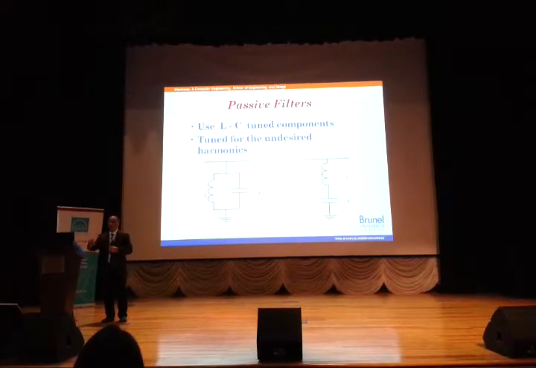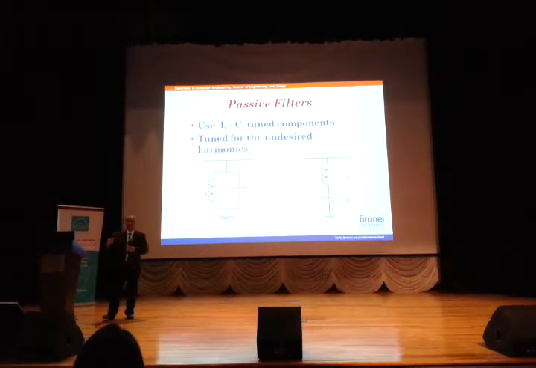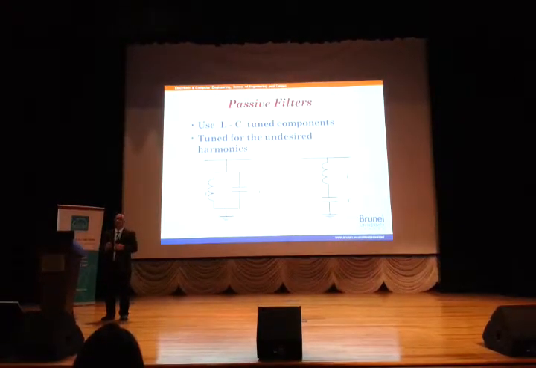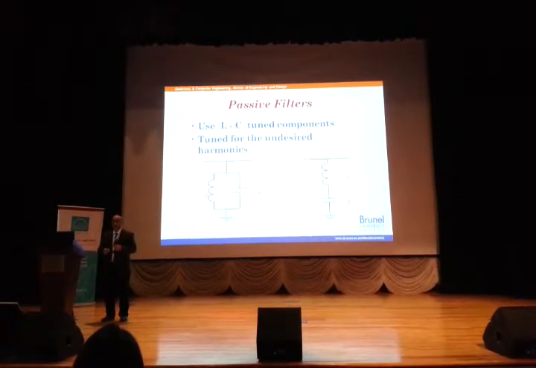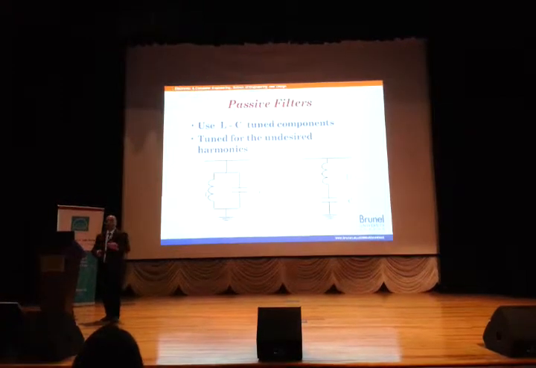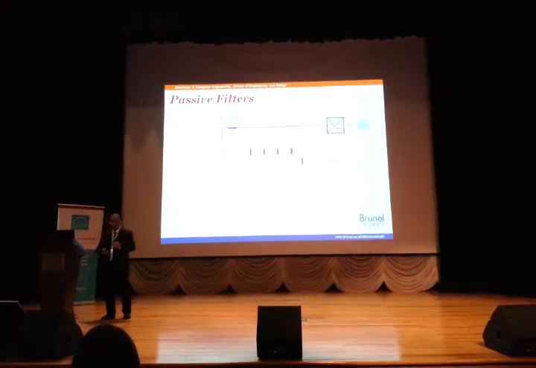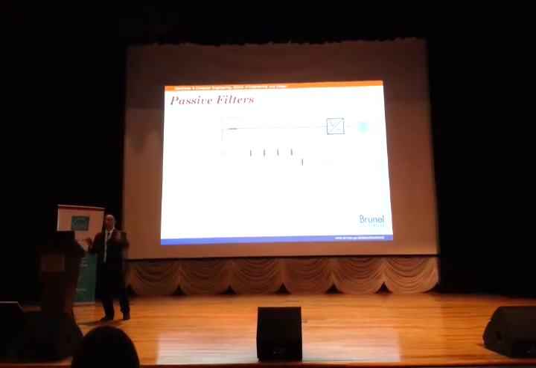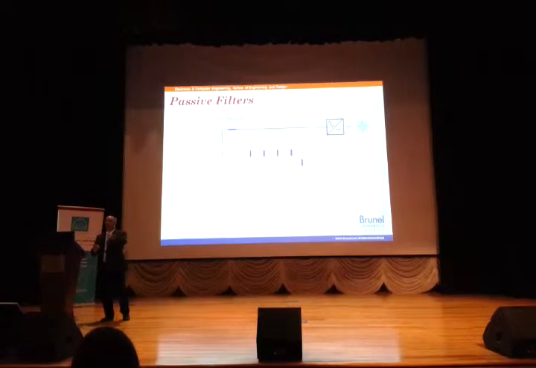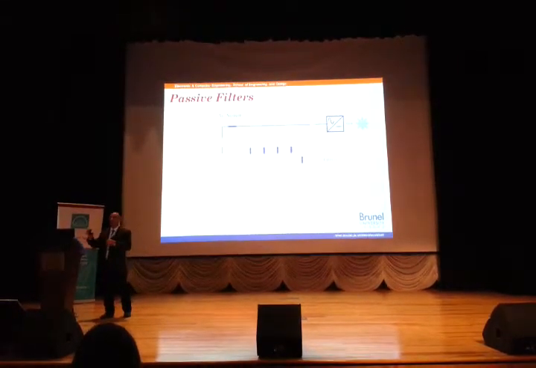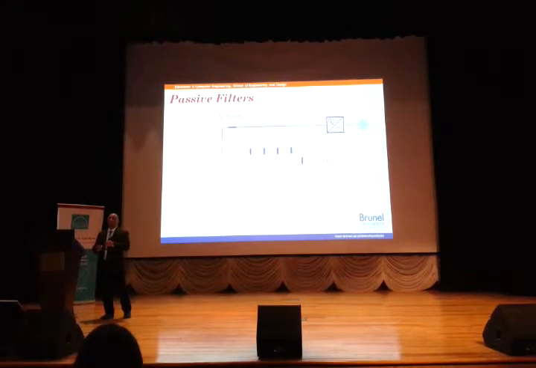Usually I rely on the internal resistance of the inductor, or we can put in a small value of R to cancel the harmonics there. Or we can have a damped filter for all the higher-order harmonics. This is a passive one. So in a typical three-phase system, I put filters for the 5th, 7th, 11th, 13th, and then a high-pass or damped filter for all the rest of the harmonics.